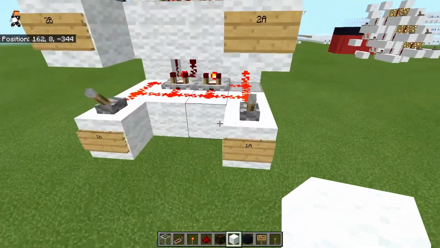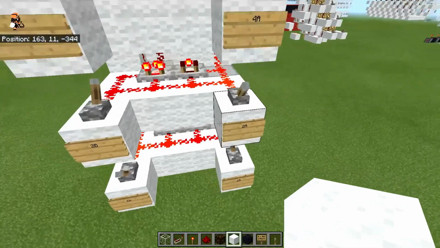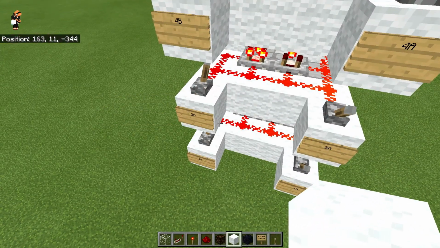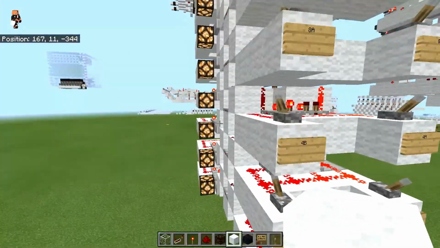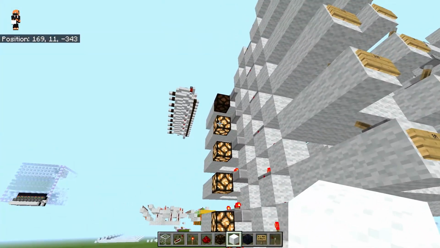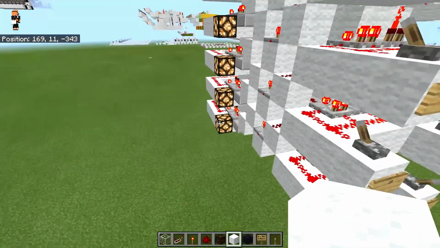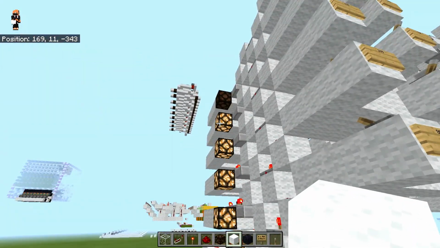So I have the simplest of solutions for calculating, and it's putting 1 in all of our inputs, which means we have a total output of 127.